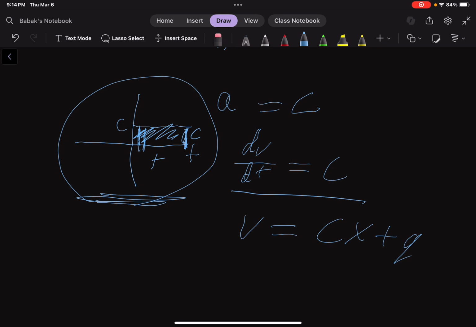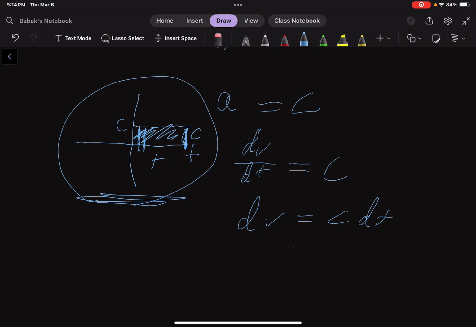It's represented by c, oh, I have put x, but it's rather ct. I should show this in more detail beforehand. Essentially, you have dv is equal to c dt. Once we integrate, it's v is equal to ct plus q, some constant q.